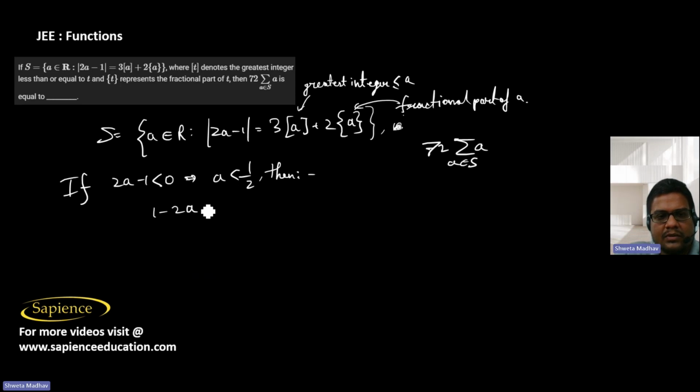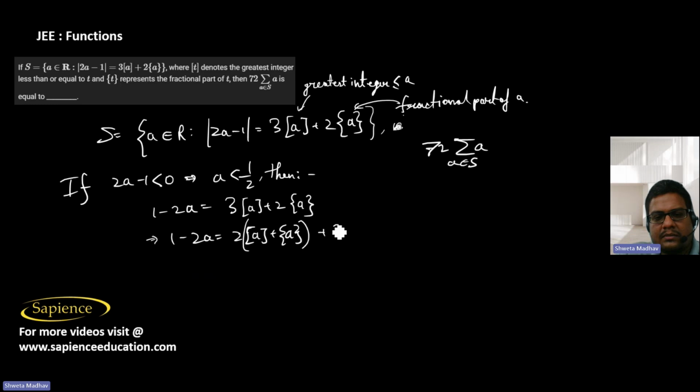1 minus 2a will be equal to 3 bracket a plus 2 into the fractional part of a. So this will be 1 minus 2a, that is equal to 2 into greatest integer of a plus fractional part of a, plus bracket a.